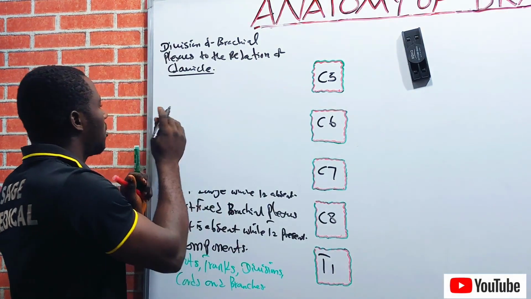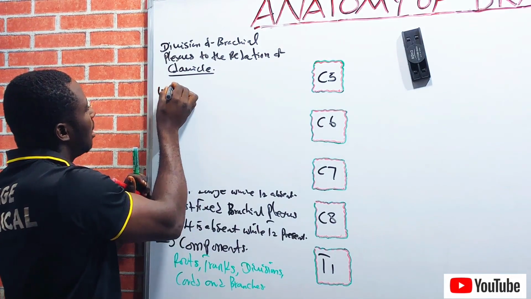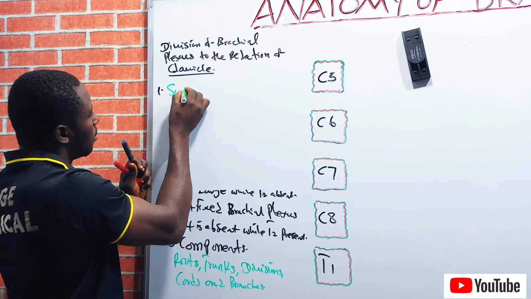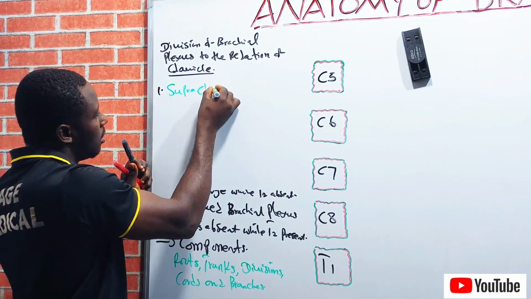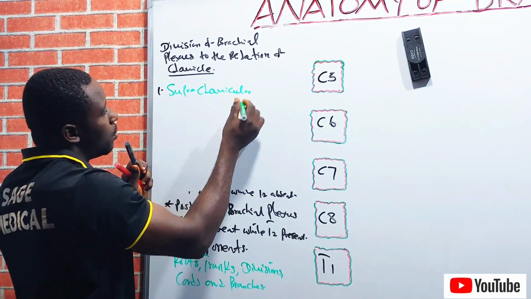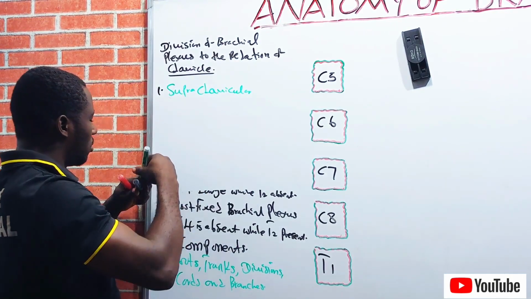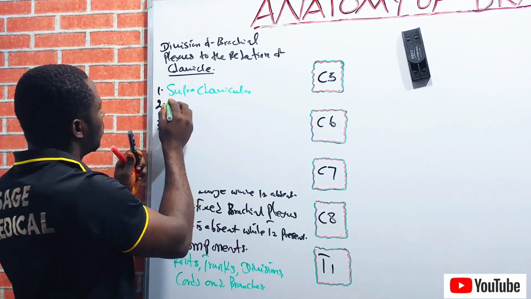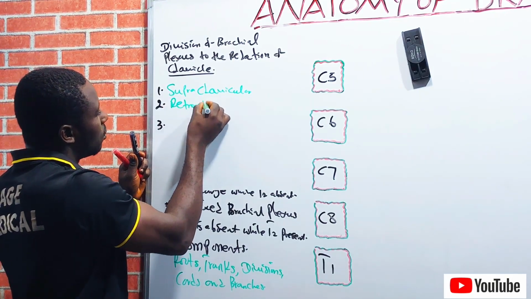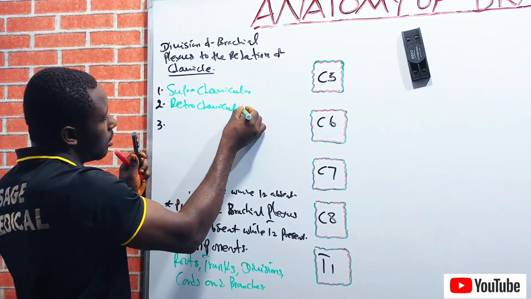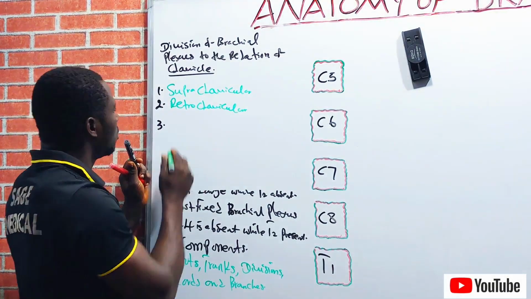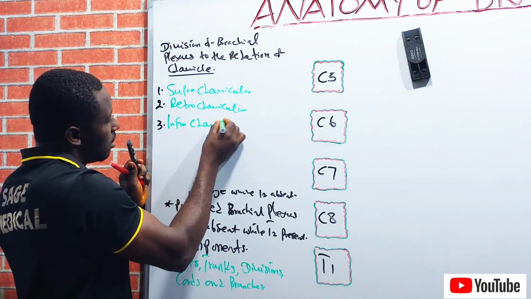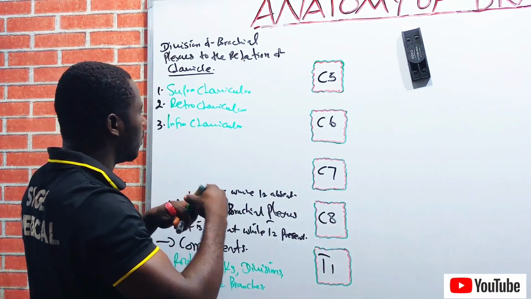You have the supraclavicular part of the brachial plexus, the retroclavicular part of the brachial plexus, and the infraclavicular part of the brachial plexus.